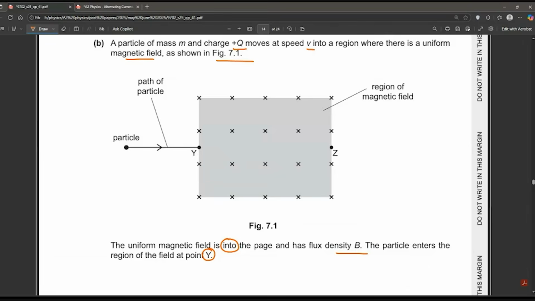What will you do? You will apply Fleming's left hand rule. Magnetic field into the page, current towards the right. फोर्स कहाँ आ जाएगी बेटा? फोर्स अपवर्ड आ जाएगी. This charged particle will deflect upwards like this. Simple.